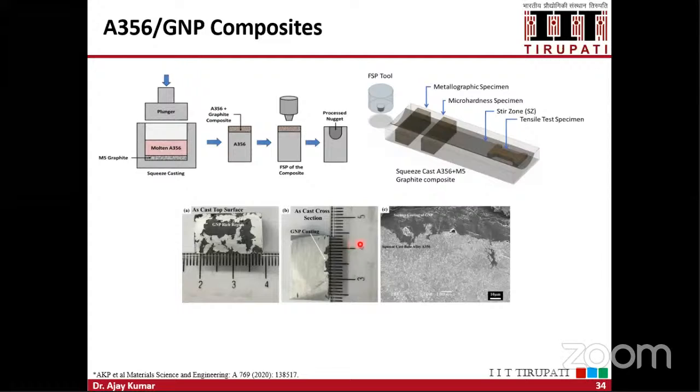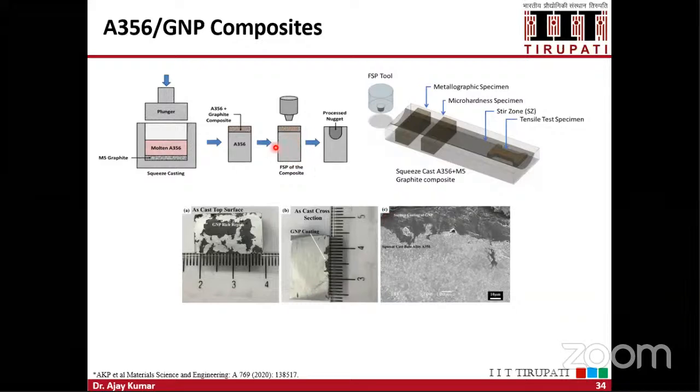The approach was we used the squeeze casting process, okay, to deposit this GNP on the aluminum A356 alloy. You can see in this SEM picture, this is the deposition of the GNP, and on this deposition of GNP on the alloy, we did the FSP process.